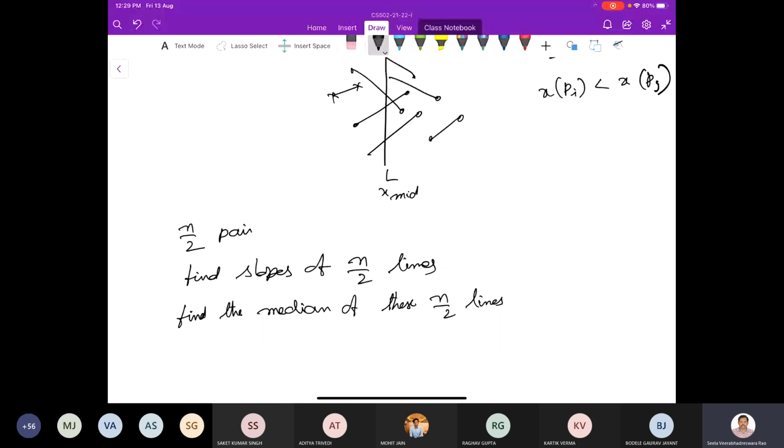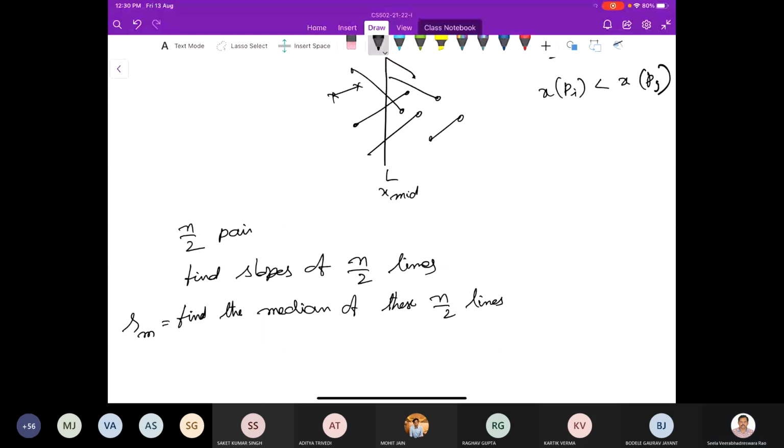I use s for the slope and m for the median, Sm. You will understand the purpose of taking the median of the slopes.